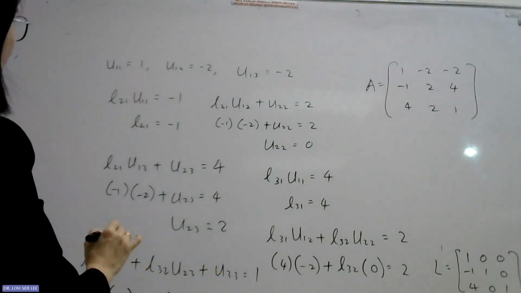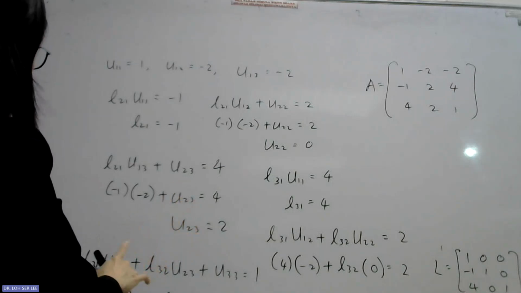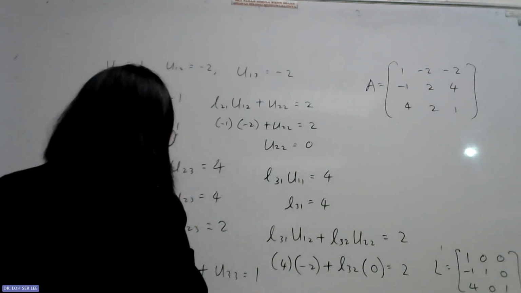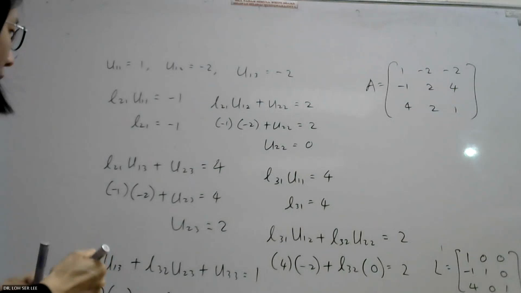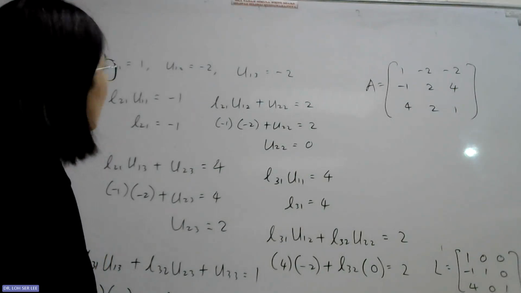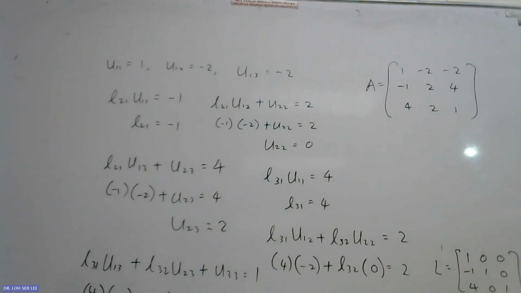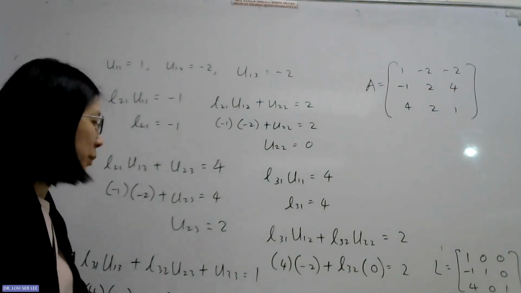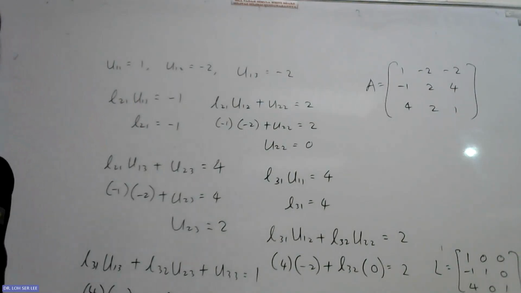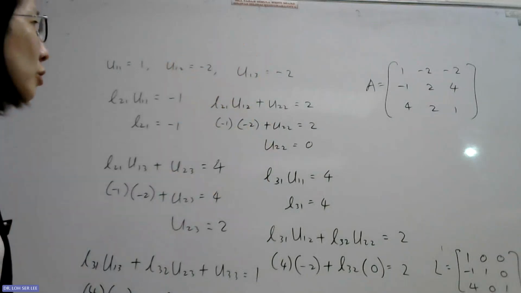We don't have L32 or U33, right? No. So this one, with method 1, we can't have a pure LU decomposition. So you need to swap.